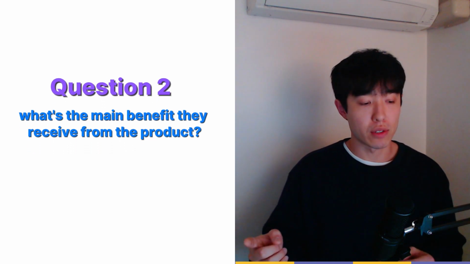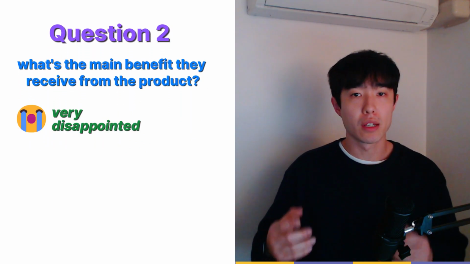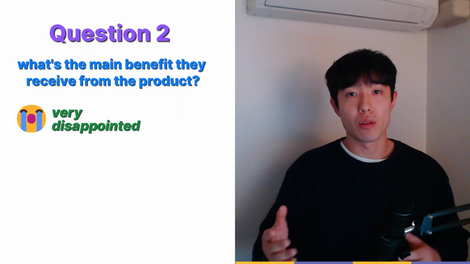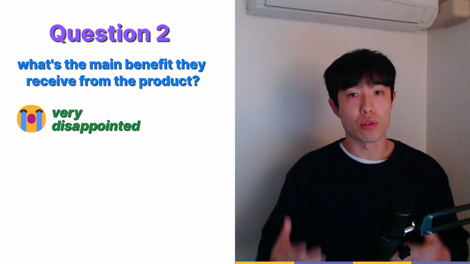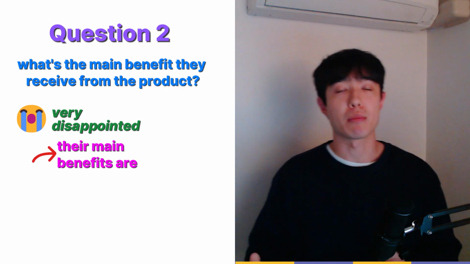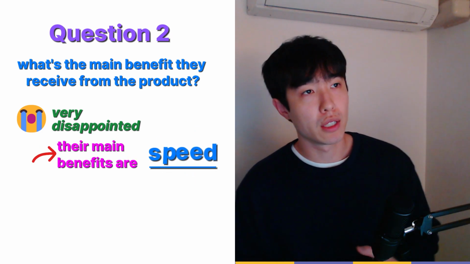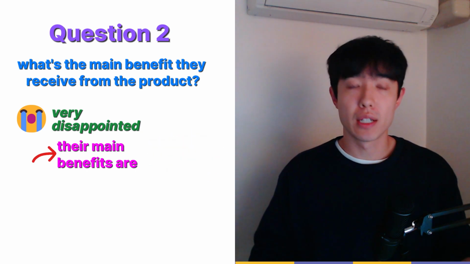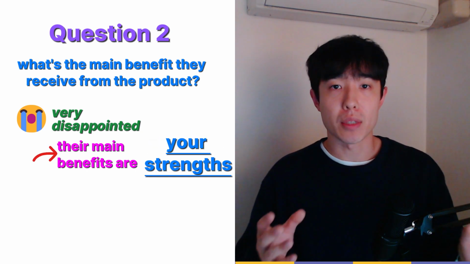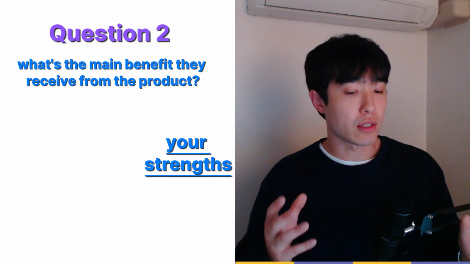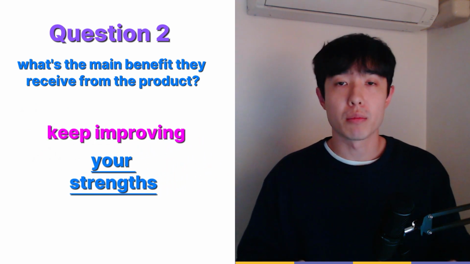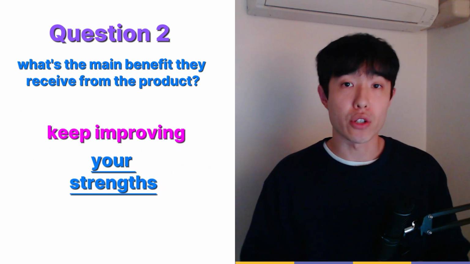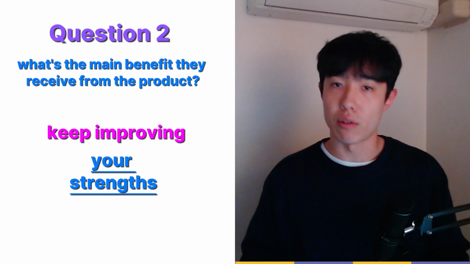And here you're looking for 2 things mainly. The first one is, for those who said they would be very disappointed, what do they describe as your main benefit? It might be, for example, speed or the fact that you have a mobile app. Whatever they say it is, these are going to be your strengths. And these are the things that you're going to continue improving, because these are the things that differentiate you from other options.